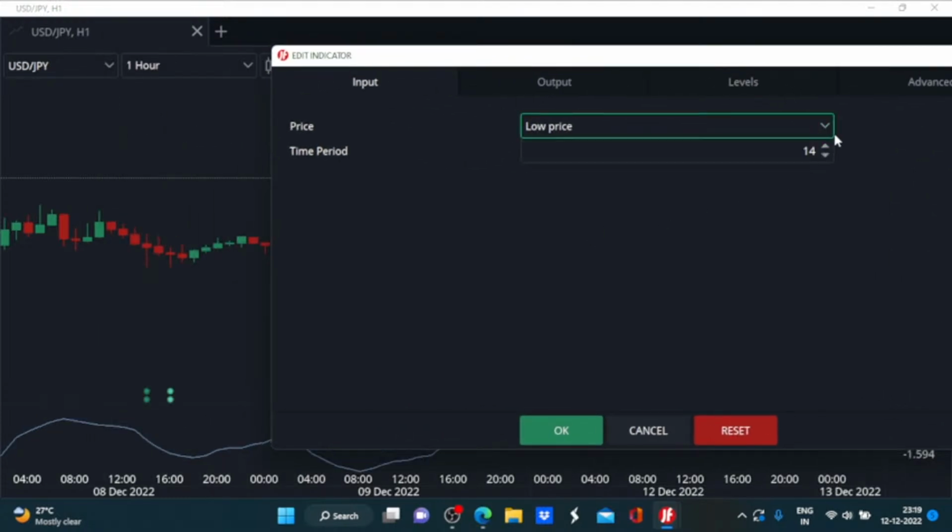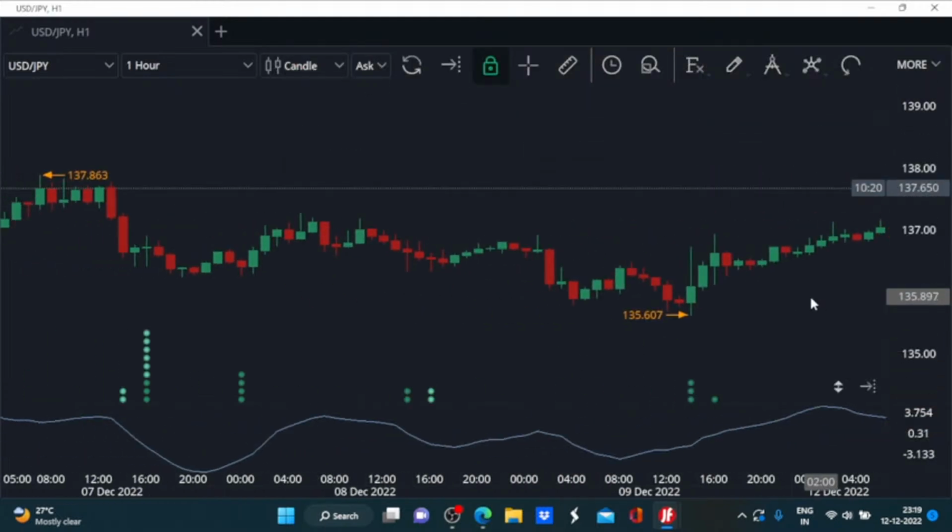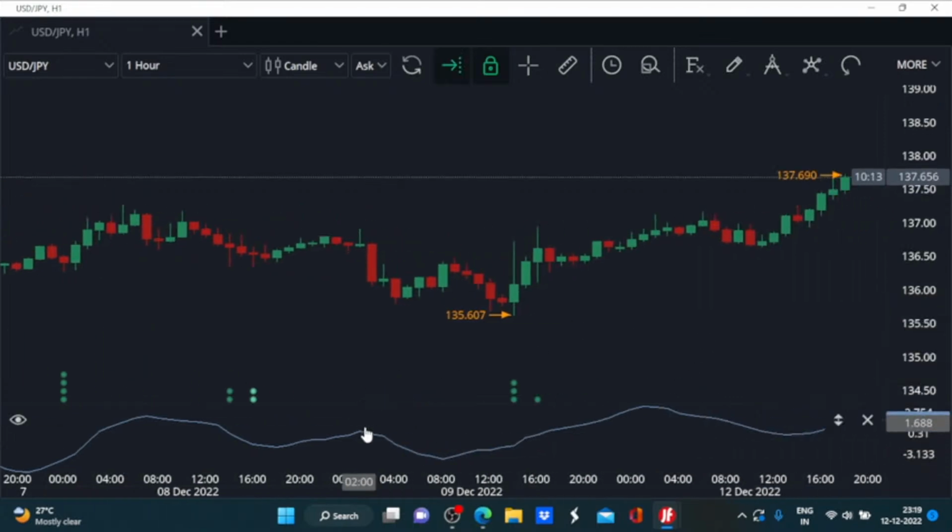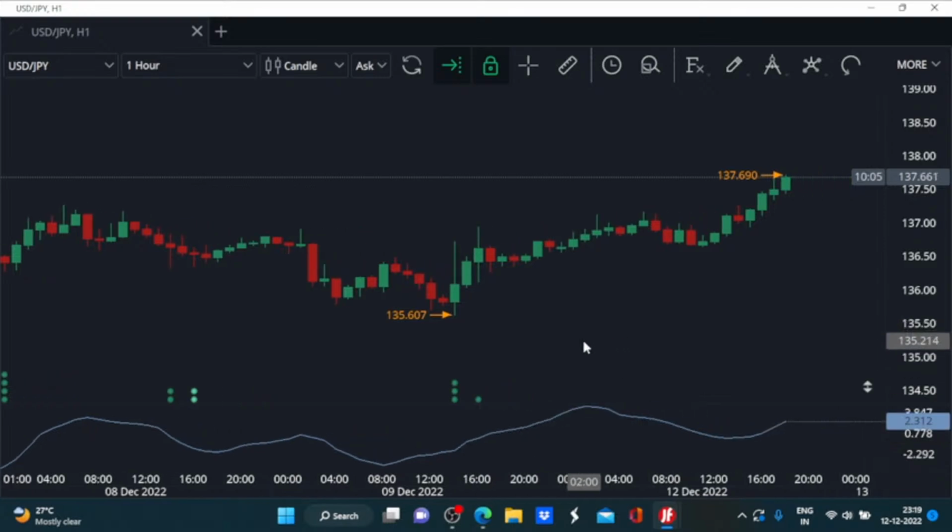here we use low price as the applied price, and in that case the momentum shift on the bearish side is going to be captured fairly quickly, but then this indicator is going to lag on the higher side whenever the turn is going to take place on the higher side.